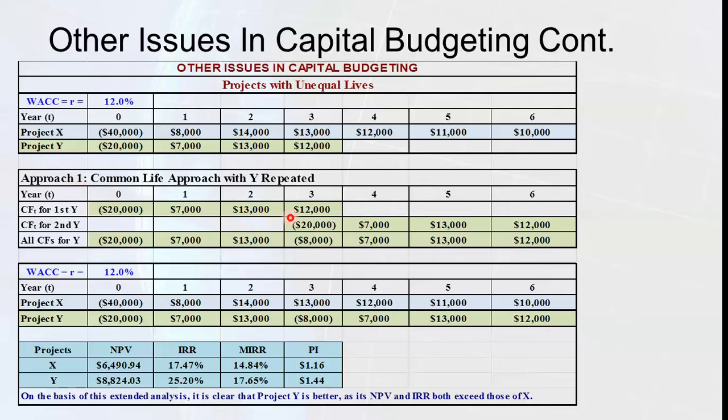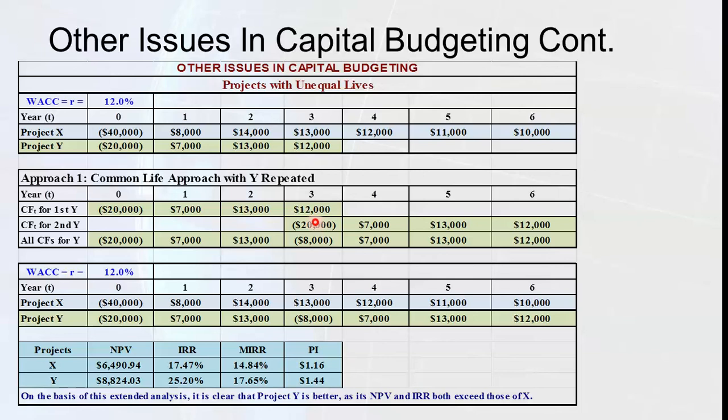When you use the common life approach, you repeat the project with the shorter life. So basically we are repeating project Y. Here we have 0, 1, 2, 3, and in year 3 we repeat it, because year 3 is basically time 0 for the next term.